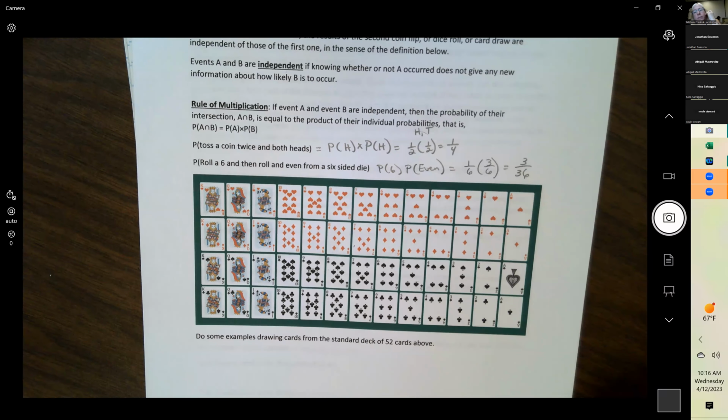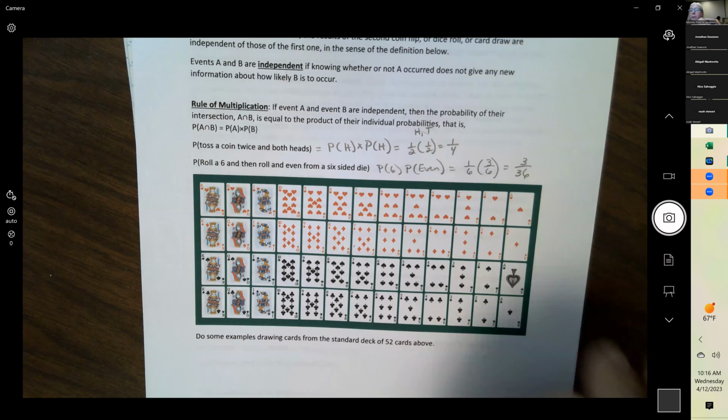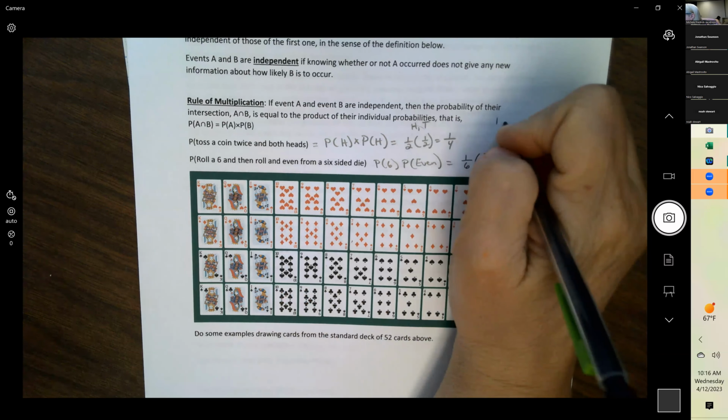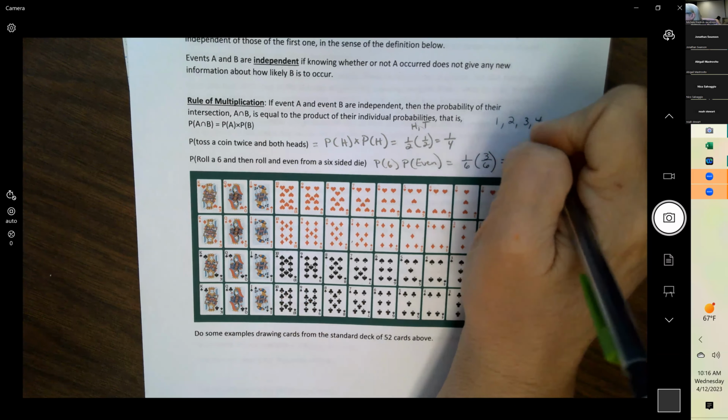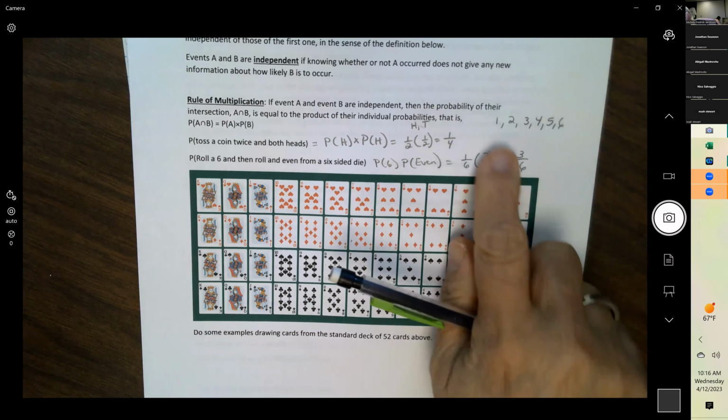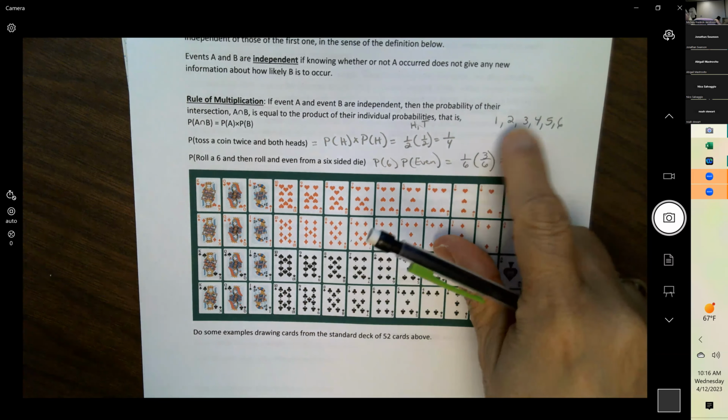Why is even 3/6? When we're rolling a die, there's 3 even.